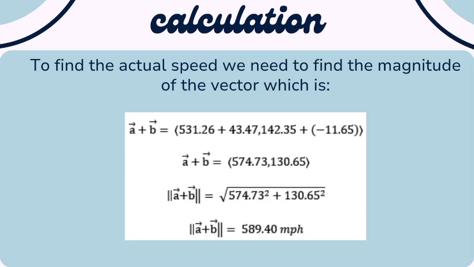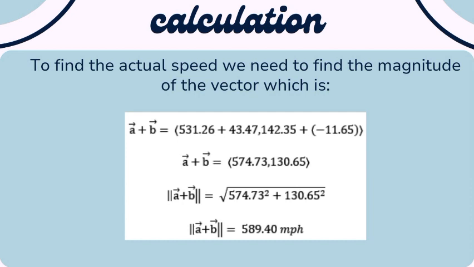To find the actual speed, we need to find the magnitude of the vector. As I said, we need to add the two vectors, the aeroplane and the wind. We add the two vectors and we get the answer, which is 574.73 and 130.65.